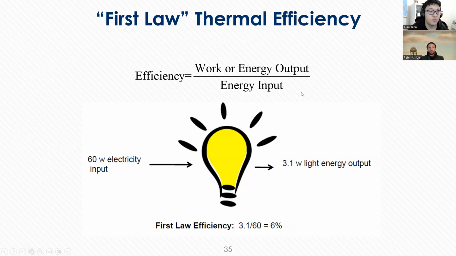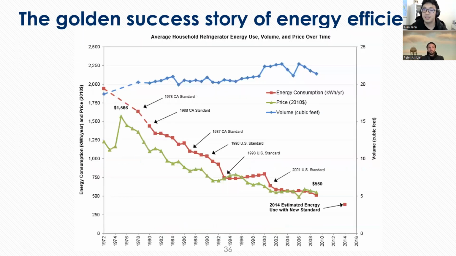And so you can have technology improvements, right, to improve things like efficiency. One of the common examples of this that people point to is the refrigerator. This is kind of the golden success story of energy efficiency for a couple of reasons.